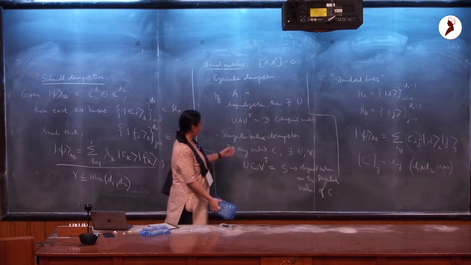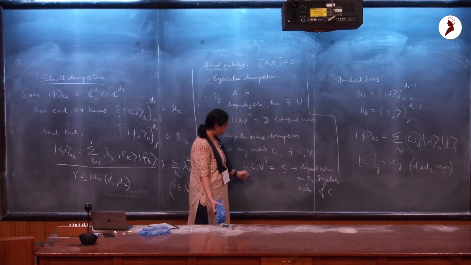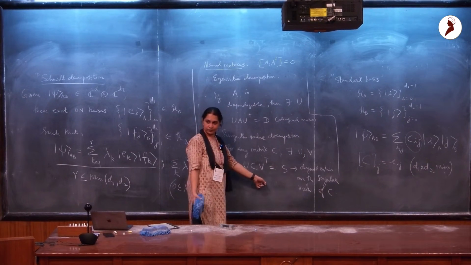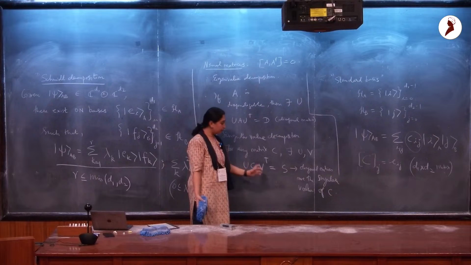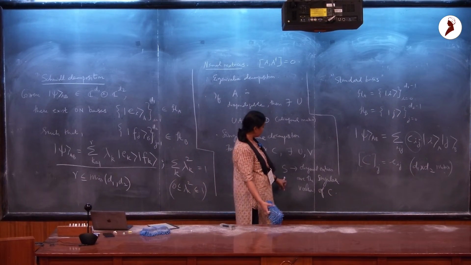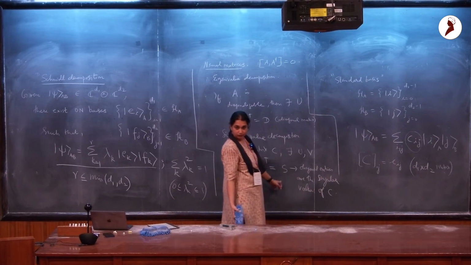But I can always do a singular value decomposition of this matrix using a pair of unitaries, U and V, and bring it into a diagonal form, where this could be a rectangular diagonal matrix, for example, again.